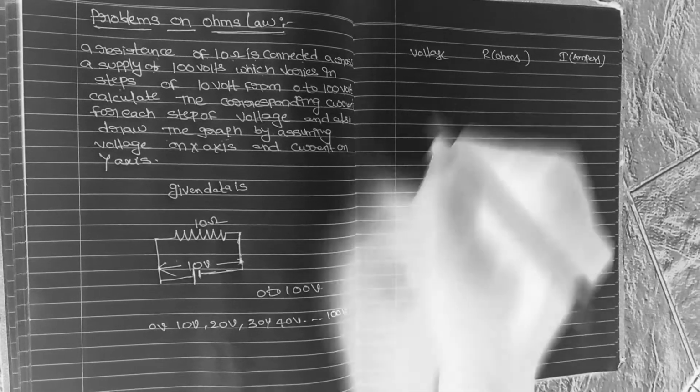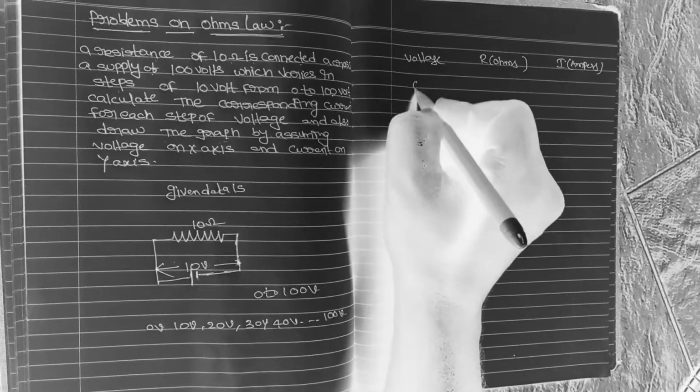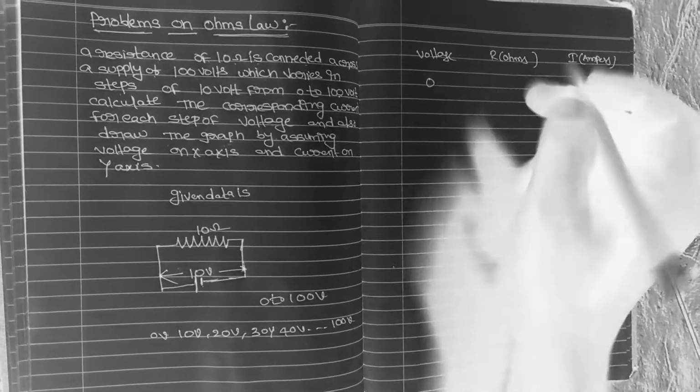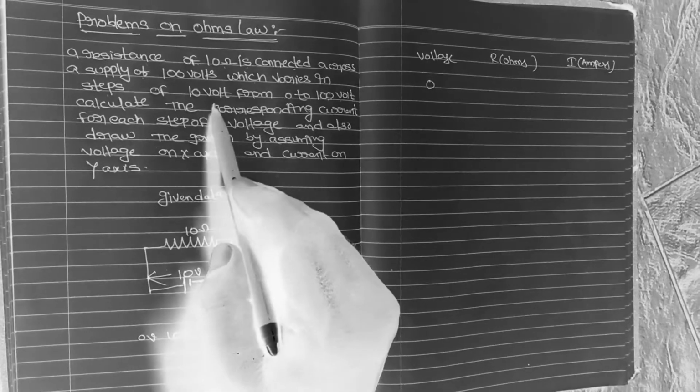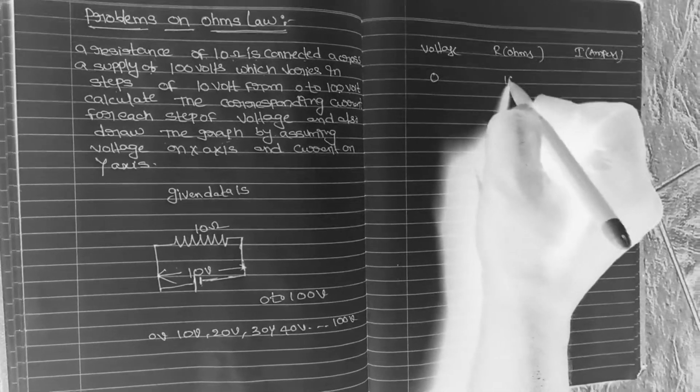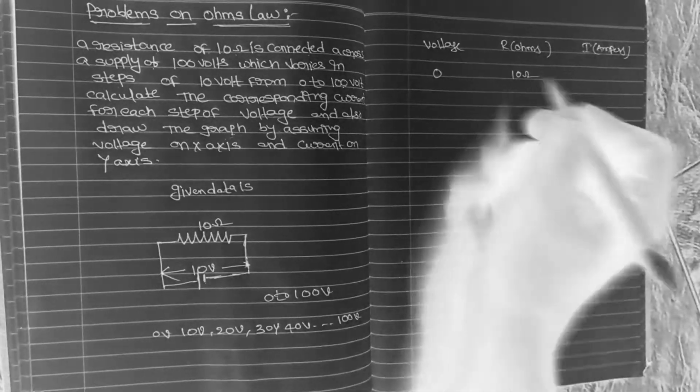Coming to the voltage, first we take 0 volts. At 0 volts the resistance is given as 10 ohms.